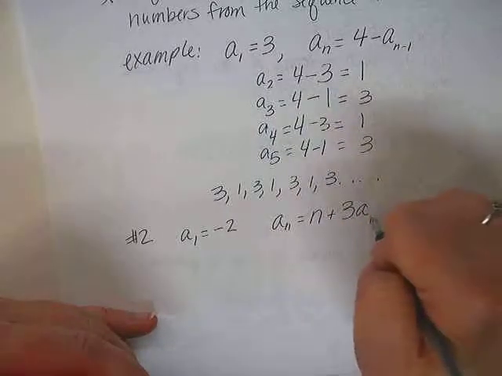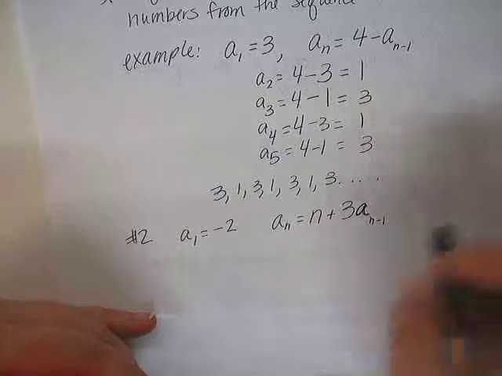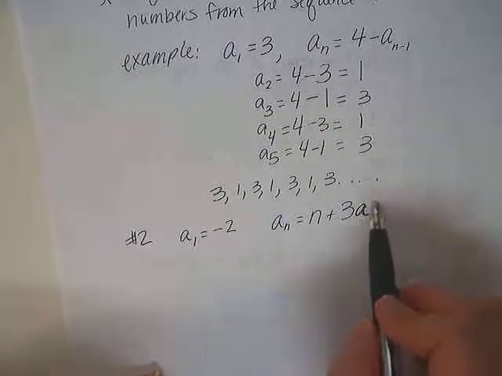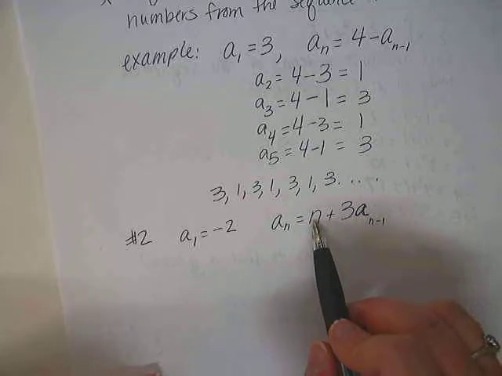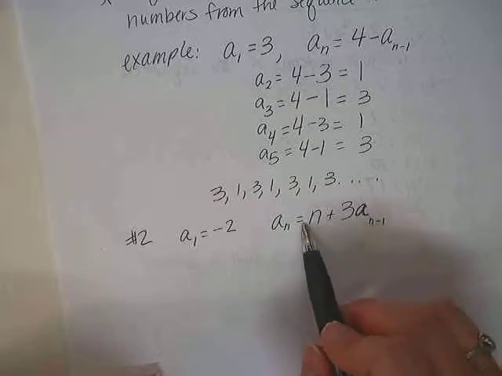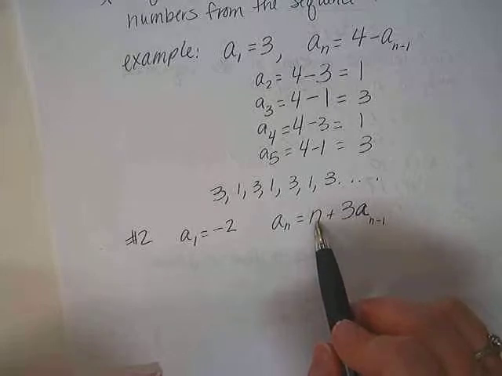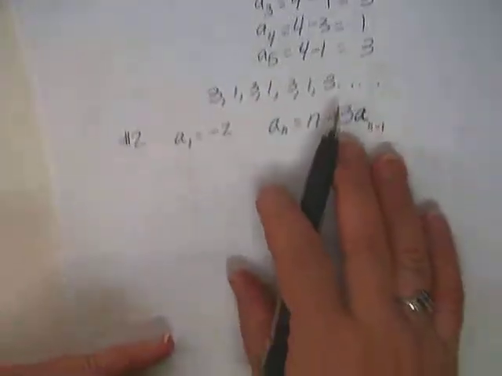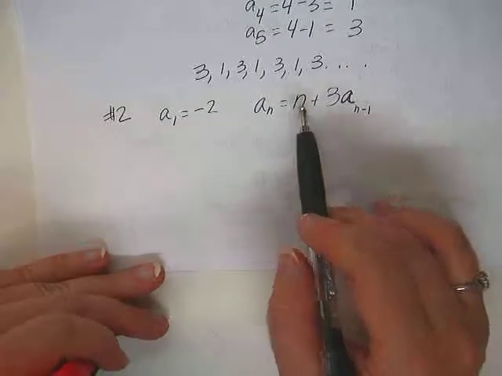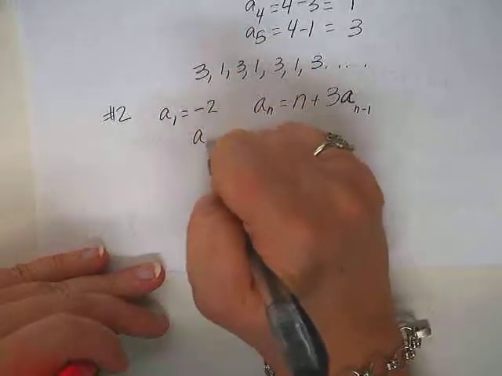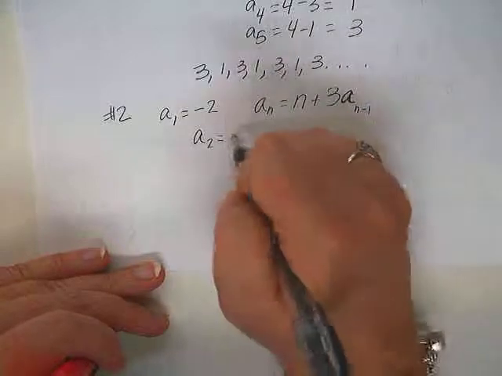Okay, let's do another one of those. Let's say a sub 1 is negative 2, and a sub n is n plus 3 a sub n minus 1. Now this one's kind of strange, because not only do we use a previous number from the sequence, we also use the number for that sequence item.